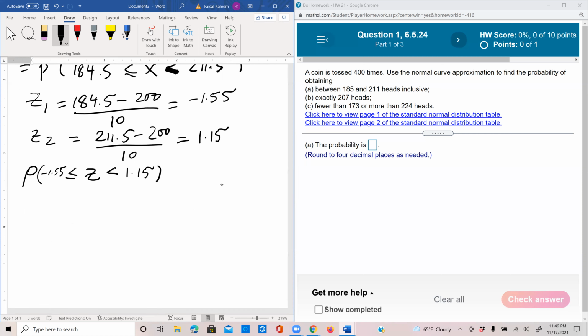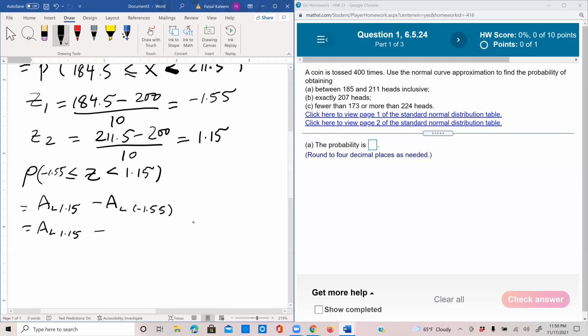So that will be the area on the left of 1.15 minus the area on the left of negative 1.55, which is the same as the area on the right of 1.55.